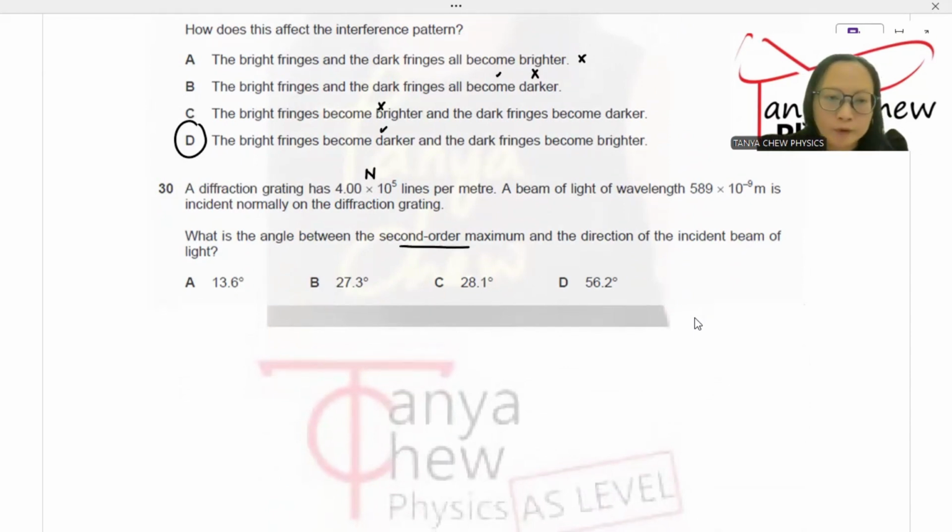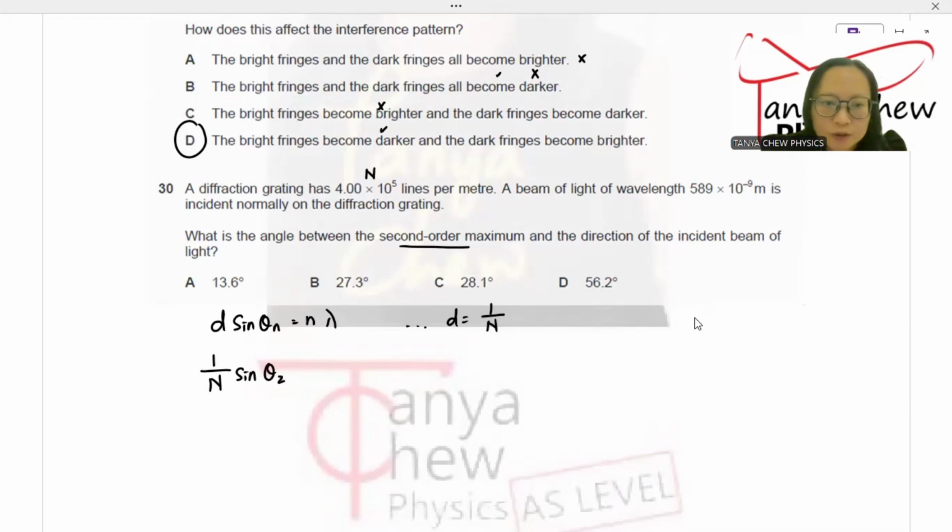Now, I am going to use the diffraction grating formula, d sin theta n equals n lambda. n is the order number. d is the grating spacing. Grating spacing and the number of lines per meter are related. d is equal to 1 over n. So I'm going to replace d with 1 over n.